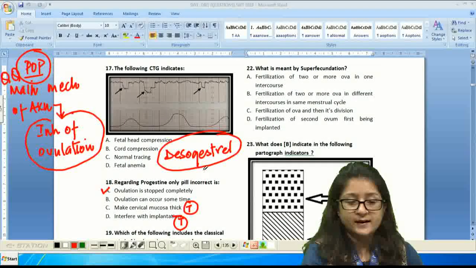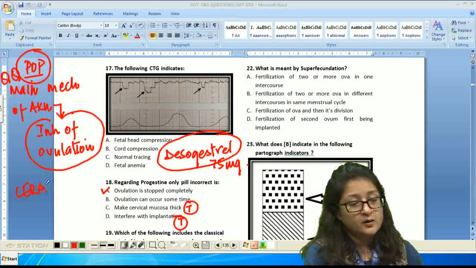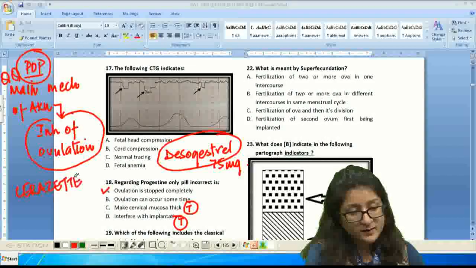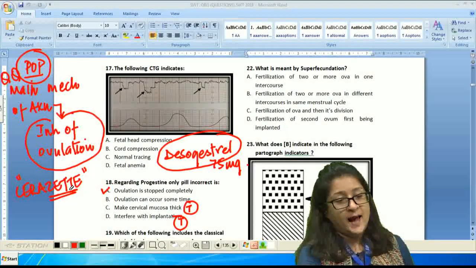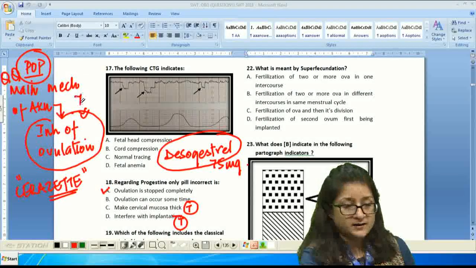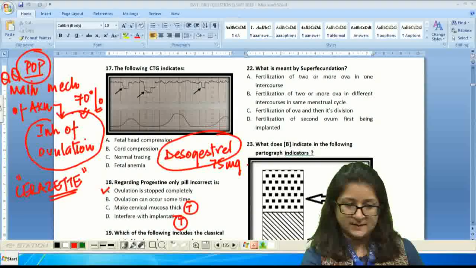It contains 75 micrograms of desogestrel. This is called Cerazette. Cerazette is the only currently marketed preparation of progesterone only pill, and its main mechanism of action is inhibition of ovulation, which happens 70% of the times.